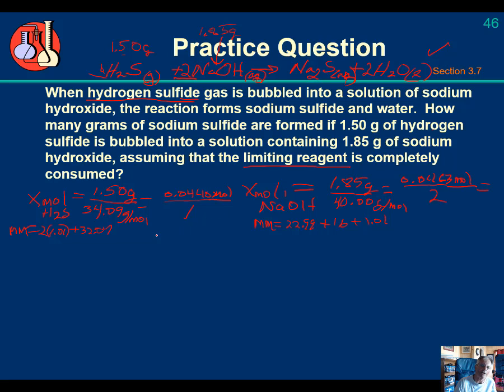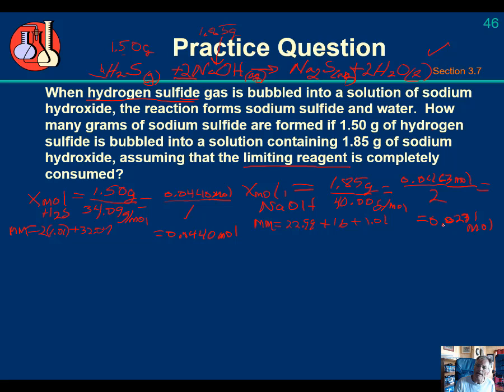So that's going to give us 0.0440 moles for H2S, and this is going to give us 0.0231. So here we've got 0.0231 moles of sodium hydroxide.